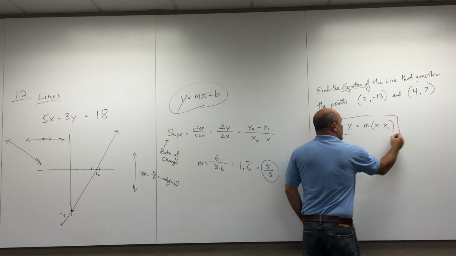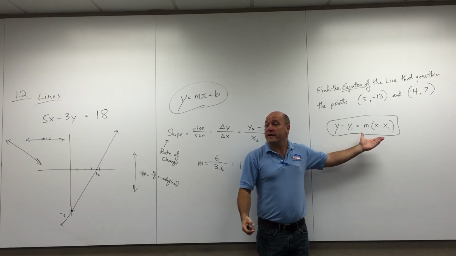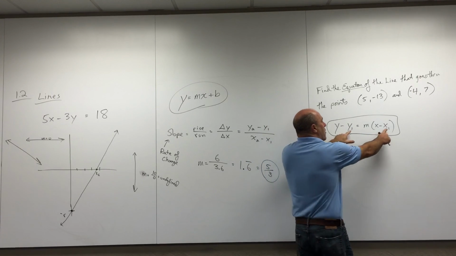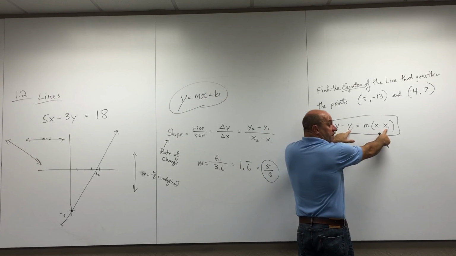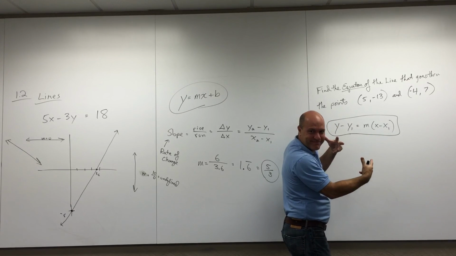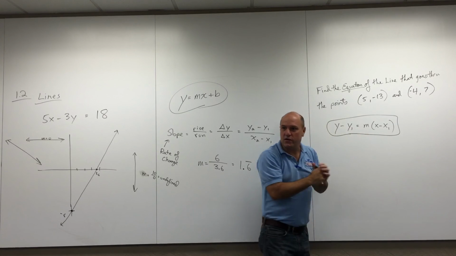You can get the equation of any line if you know the slope and you have a point. You plug the slope in there, you plug the point in there. You leave the variables x and y. You need some variables in your equation. And you can get the equation of a line.